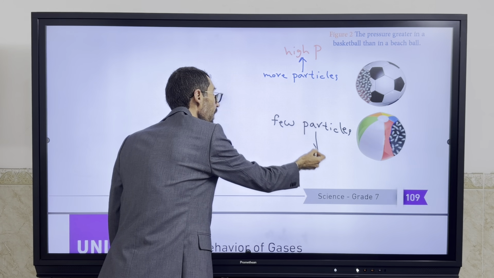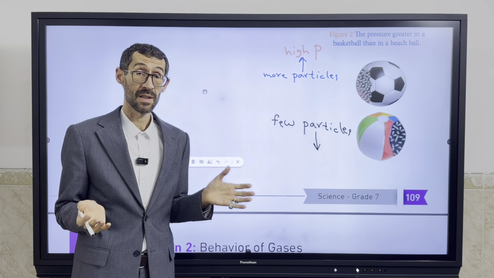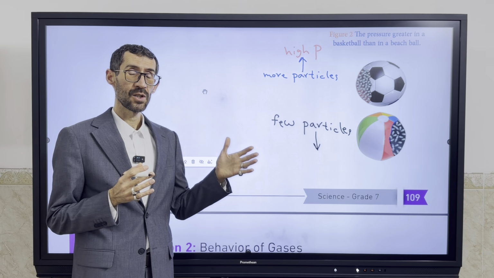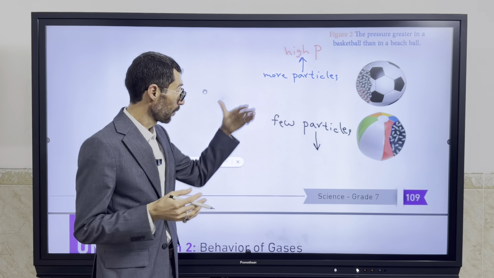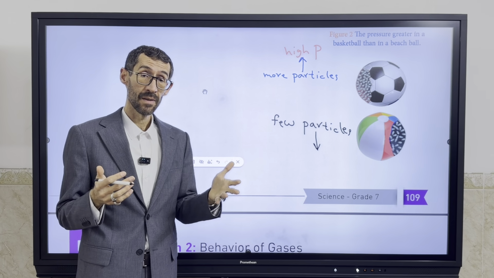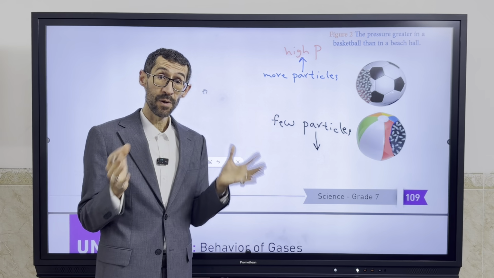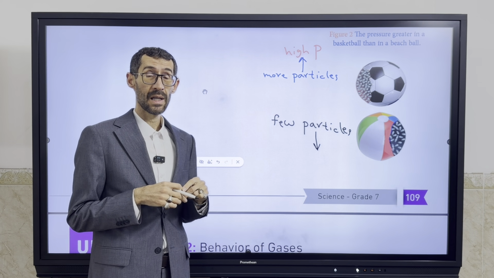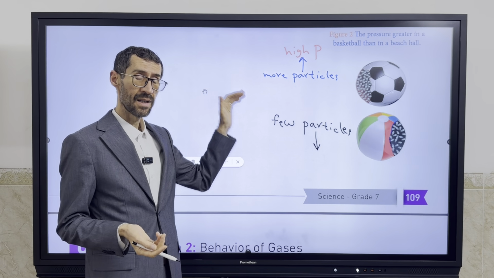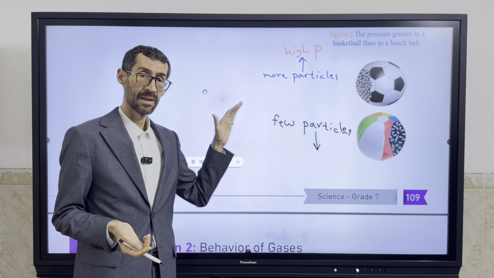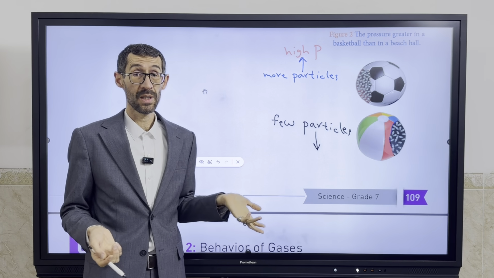Few particles lead to few collisions with the inside wall of the container, and few collisions create less force, and eventually we have a lower pressure. So I can say the fewer the particles are, the lower the pressure is.